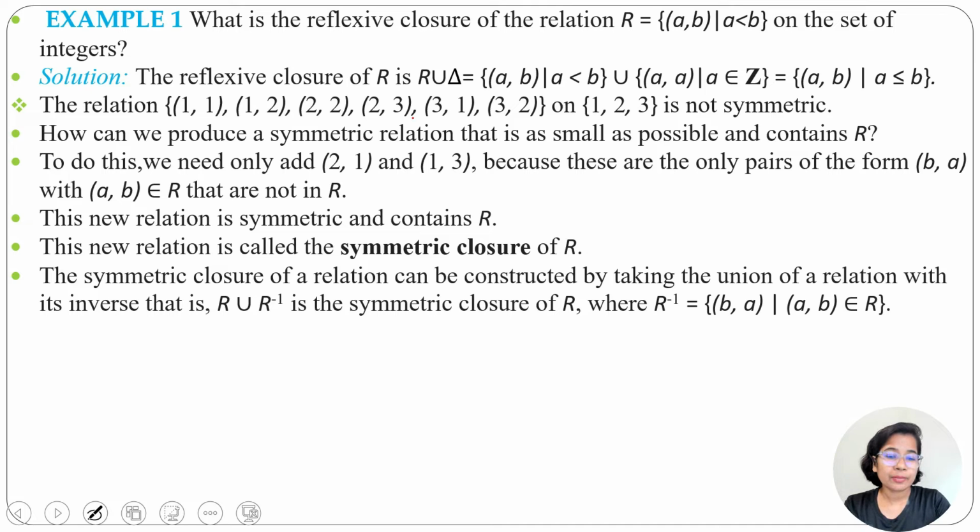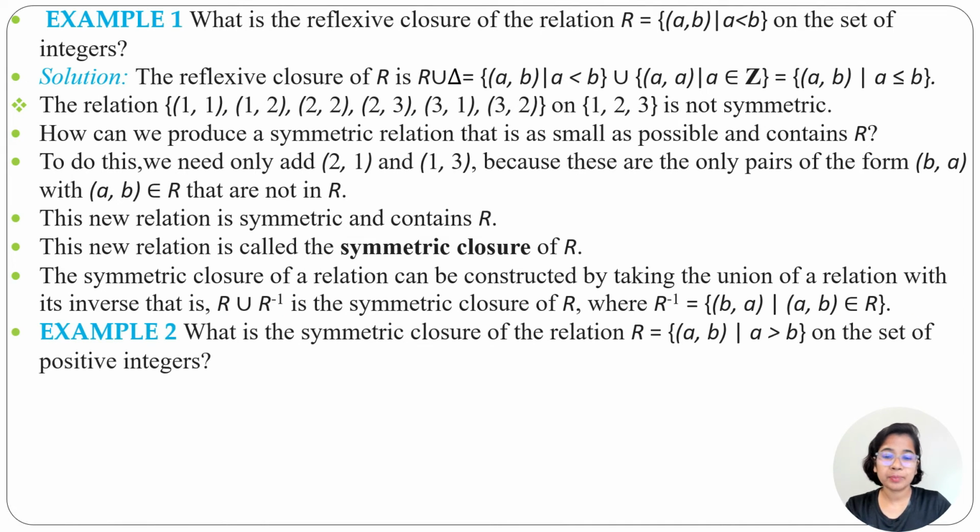The symmetric closure of a relation can be constructed by taking the union of a relation with its inverse, like R union R inverse. We can say R inverse equals (b,a), whereas (a,b) belongs to R. For reflexive closure, we are adding the diagonal ordered pairs. Here we are adding the inverse of that relation. Now let's see one example. What is the symmetric closure of the relation (a,b), a greater than b, on the set of positive integers?